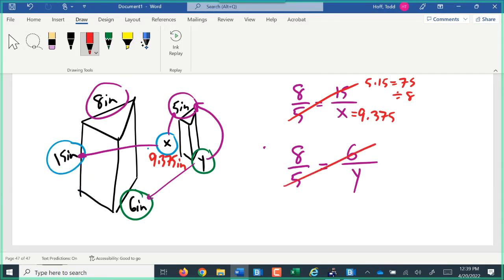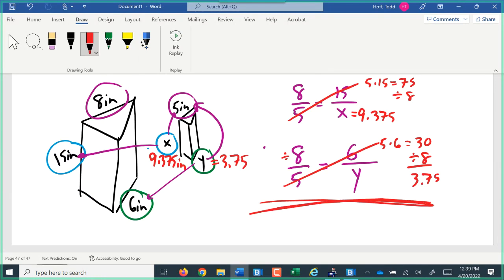So we cross multiply. 5 times 6 is 30. Divided by the 8 is 3.75. So even though these are three-dimensional objects, I was just comparing lengths, so I still use the same proportion.